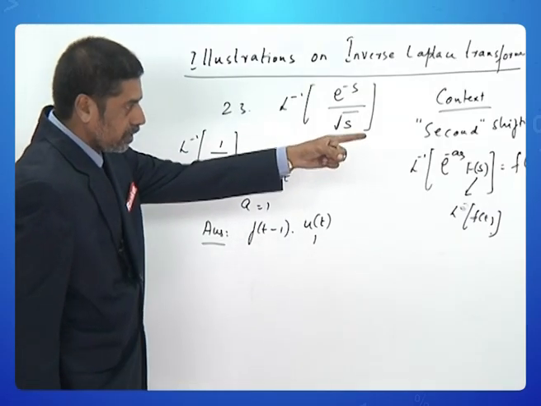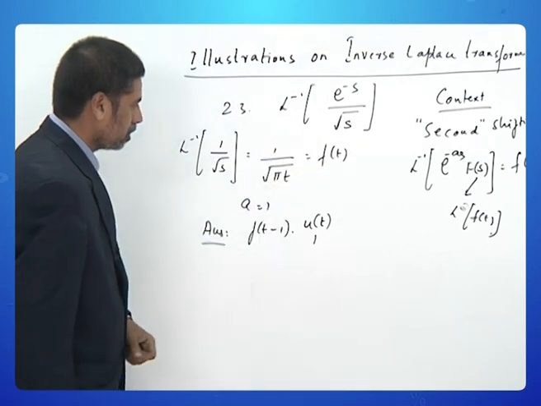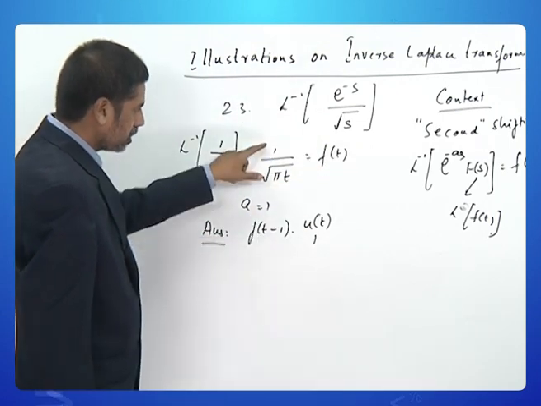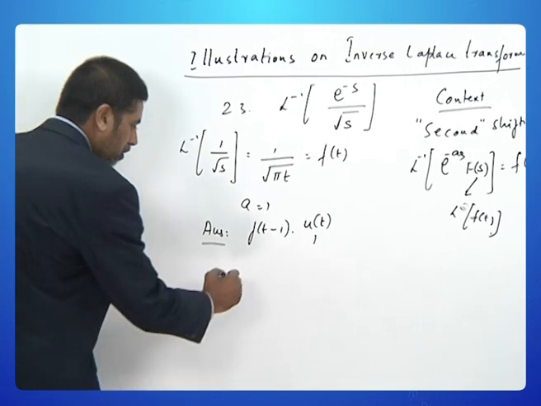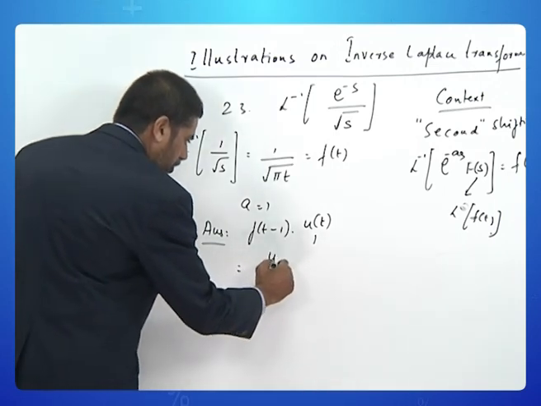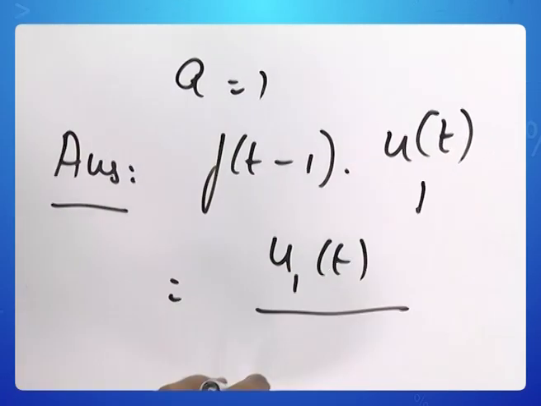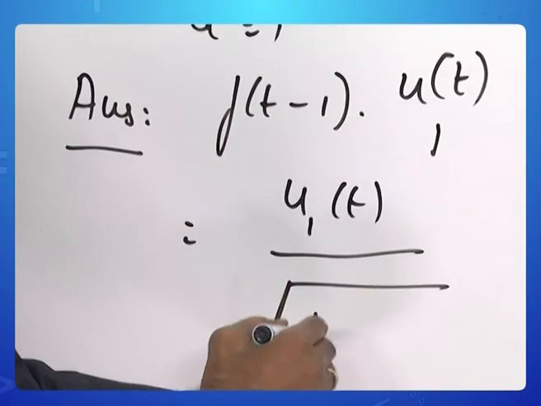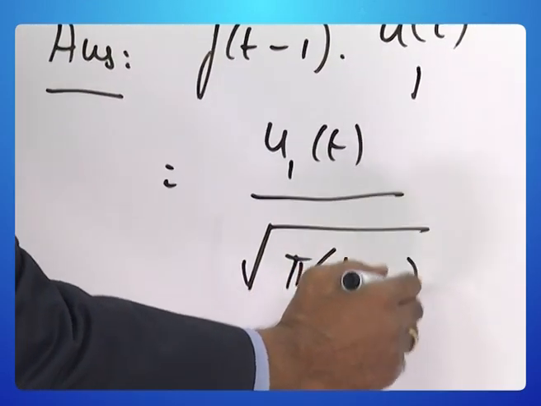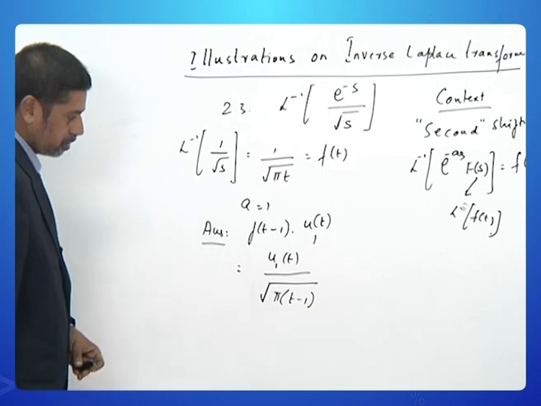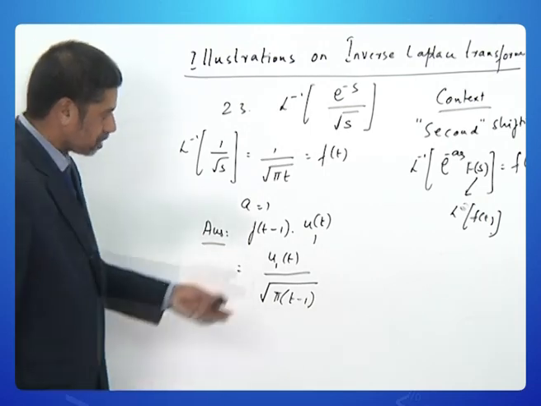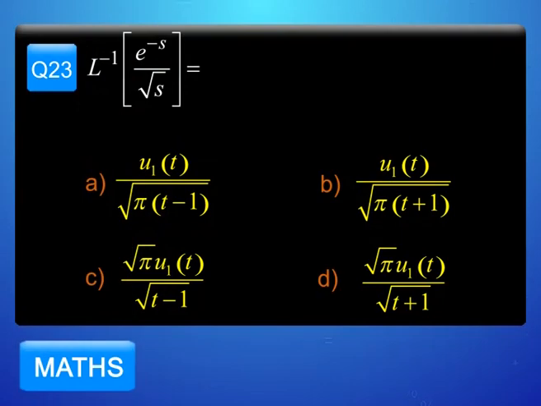F of t minus a, u a of t. A is 1. So what is f of t? It is 1 by square root of pi t. So how do you write this? u 1 of t divided by square root of pi into t minus 1. So this will be the answer to this particular problem, and the correct option is A.